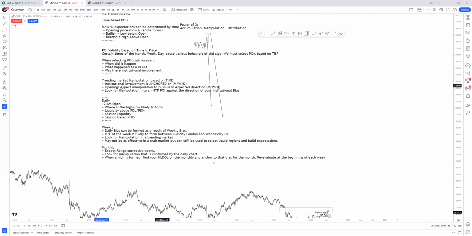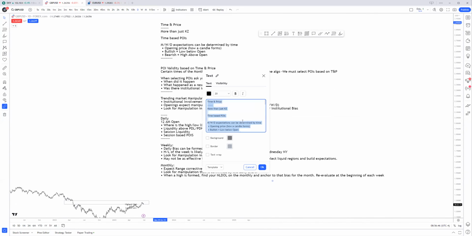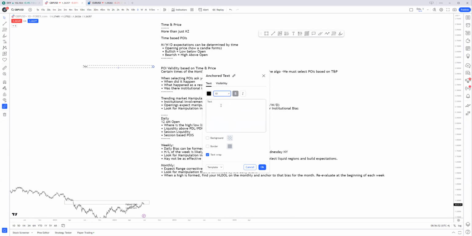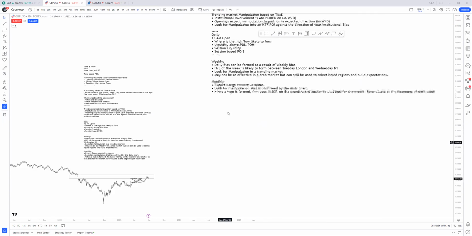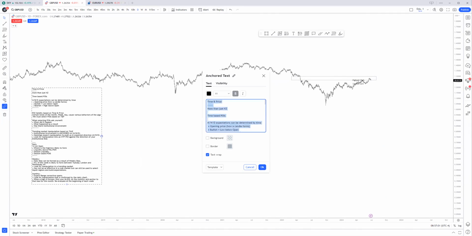Well, I just got to add one more thing here. Anchored text, we'll put that to 10, just copy it all. Okay, so that'll stay on the chart at least, right? Let me just add the last little bits of this before we get into this any further.